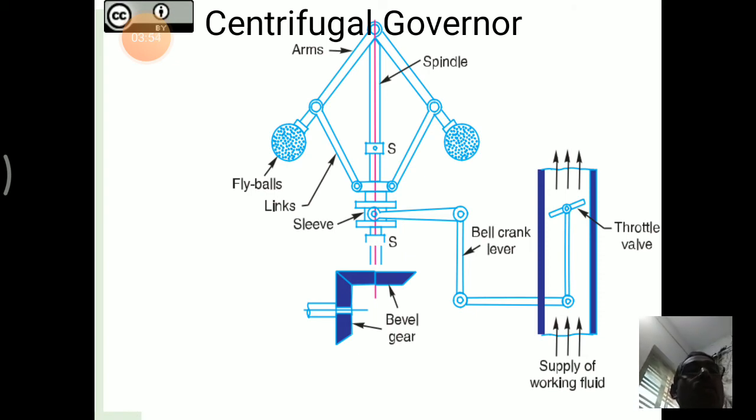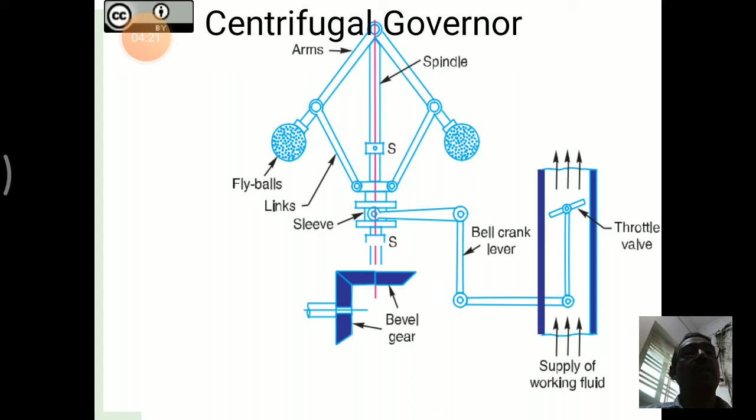Now when the load on the engine decreases, the speed of the engine will increase. As the speed of the engine increases, the speed of the governor and hence the spindle also increases. As the speed of governor increases, the fly ball speed also increases. The fly ball moves in outward direction due to centrifugal force, and hence the sleeve also moves in upward direction.